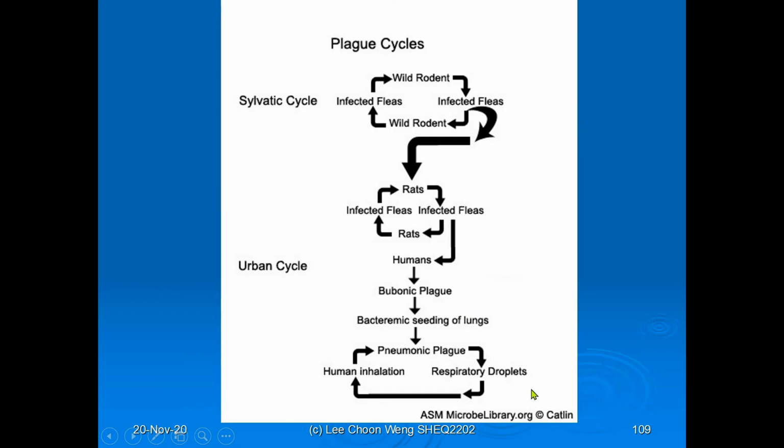So this shows the life cycle that is known for Yersinia pestis. You have this zoonotic reservoir where Yersinia pestis survives in infected fleas on wild rodents. However, sometimes the infected fleas migrate to rats, and these urban rats continue to propagate them.